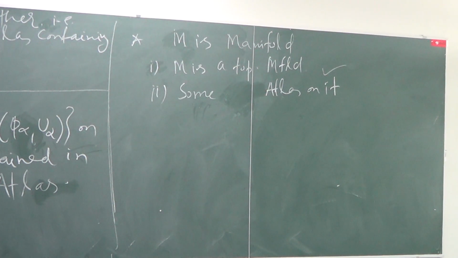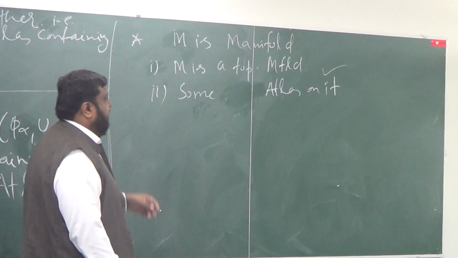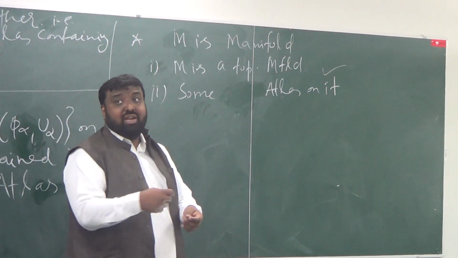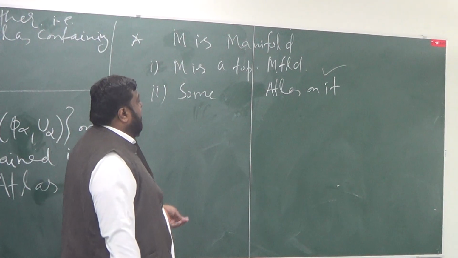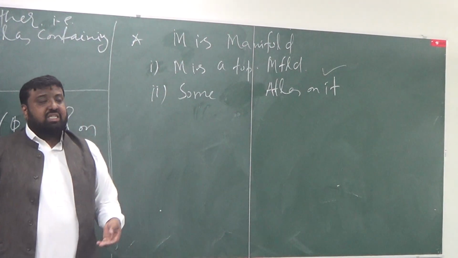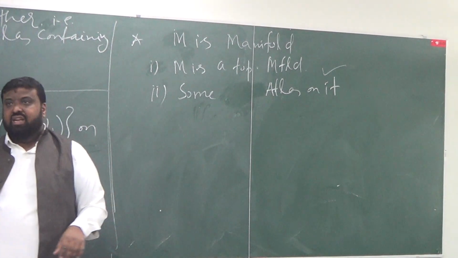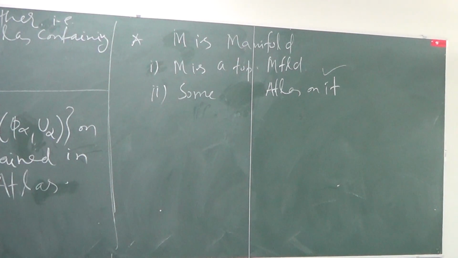I can say, okay, M is a smooth manifold if it is a topological manifold, in other words, it locally looks like Euclidean space, and you have some atlas on it. But what is going on at the back end, it is very important to understand at least once in life. Because if that part of understanding is missing, then when you want to do things on manifolds, those things are going to haunt you if you don't have the basic theoretical things.